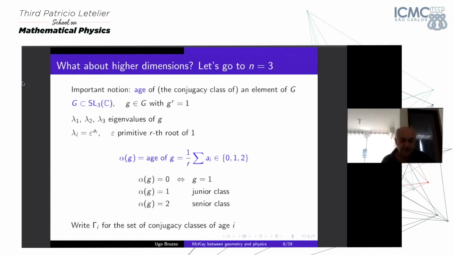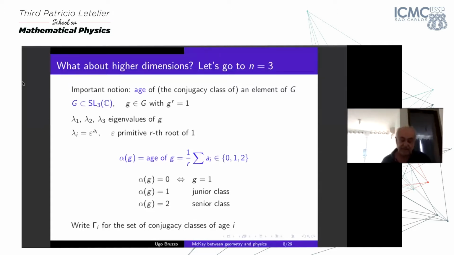And then what we do is that we consider the eigenvalues of g, as a matrix in SL3C, and we write them as powers of a primitive r-th root of unity. Okay, and so we get 3 numbers a_i, and we compute the normalized sum.